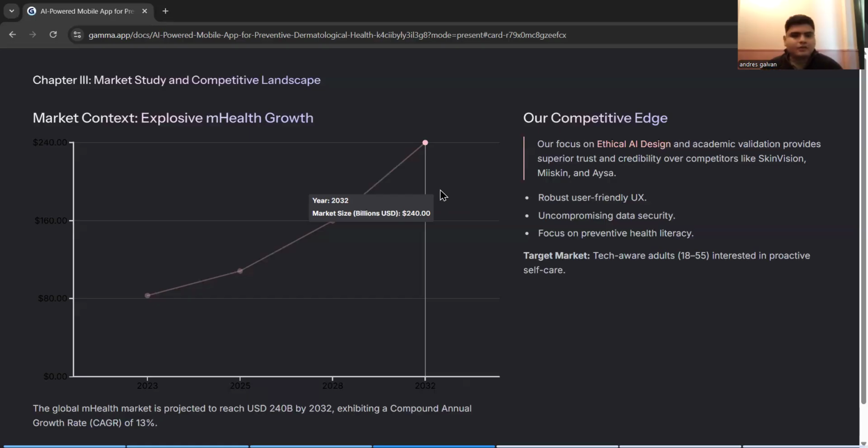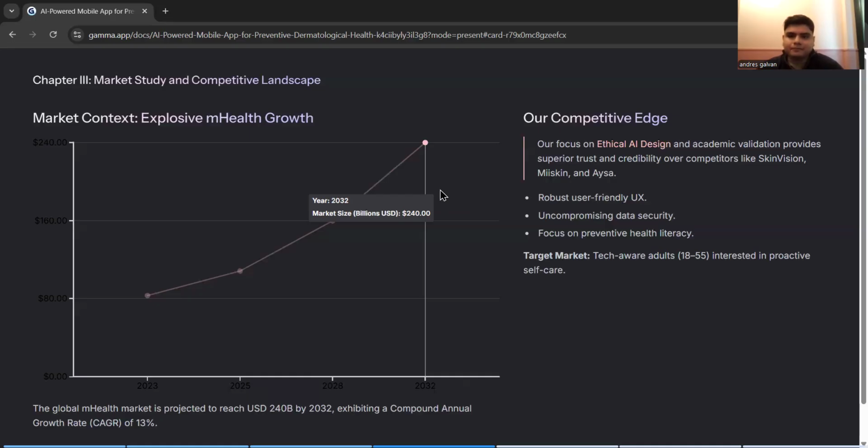So now, trying to justify these years, I would like to give a context of this explosive medical health growth. For example, now a lot of people spend a lot on medicine for skincare.